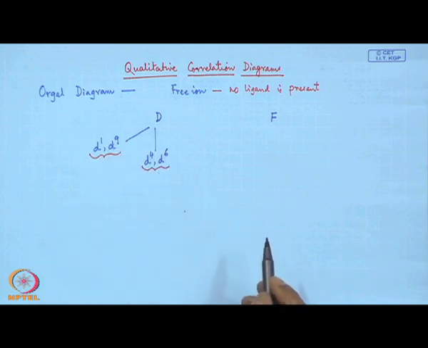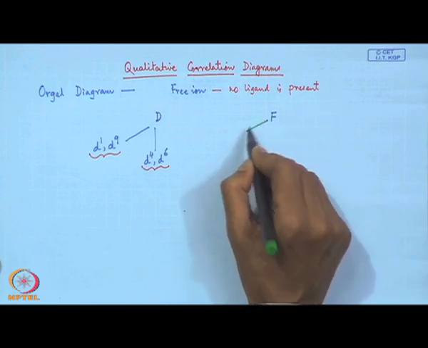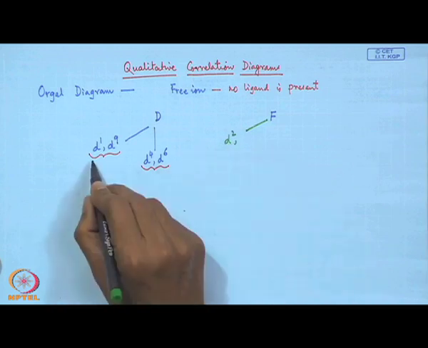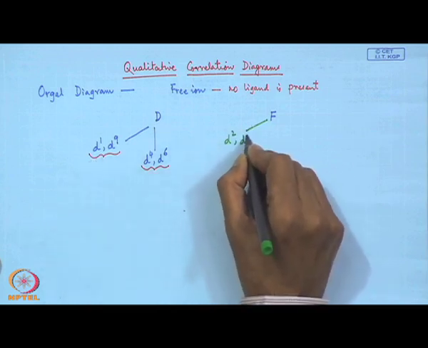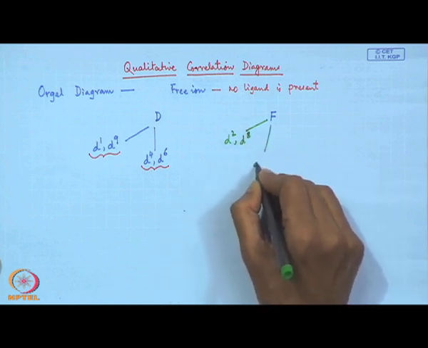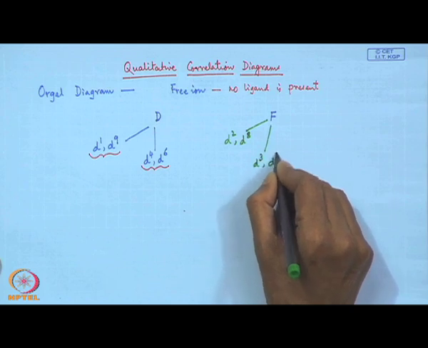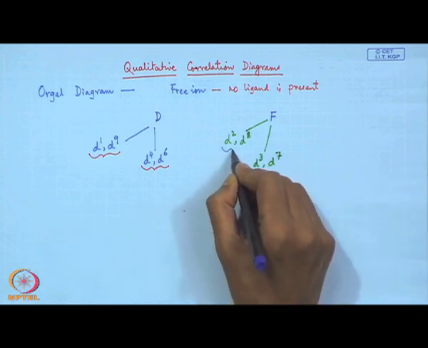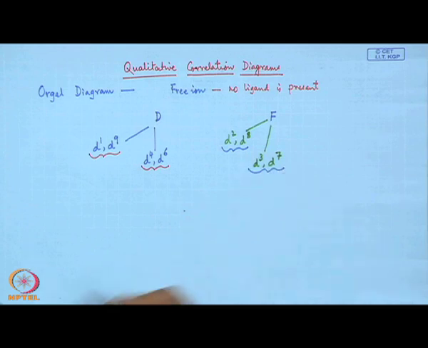Similarly, these two are D4 and D6. Similarly, for F we can have D2 and D8, and for this D3 and D7. So, here also we have the corresponding generation for the hole equivalents and the F term.